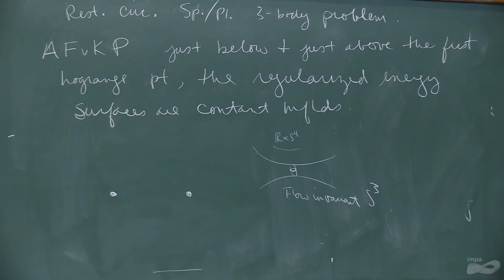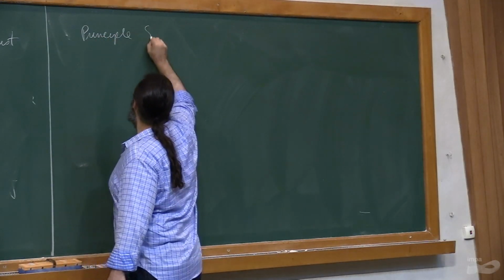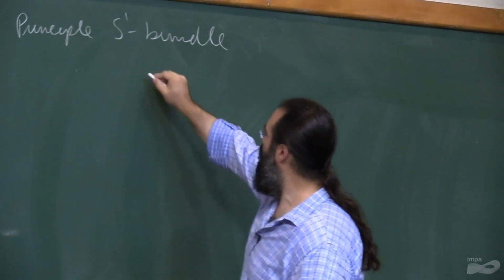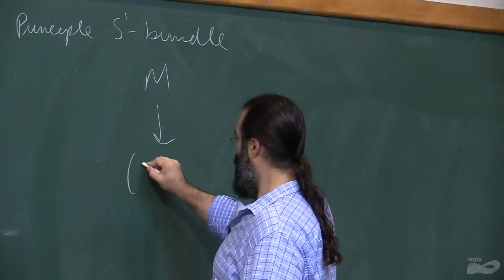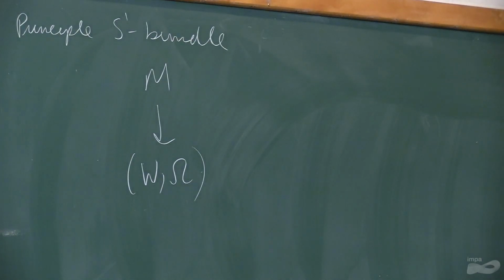So one more example I want to mention, and sort of another motivation for this problem, is going back to this principal S1 bundle picture. So here's M. I've got a principal S1 bundle over a symplectic manifold.